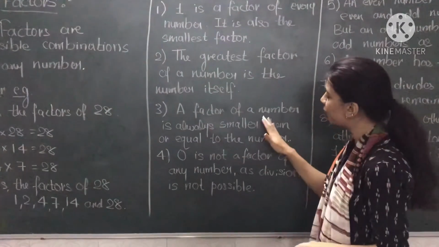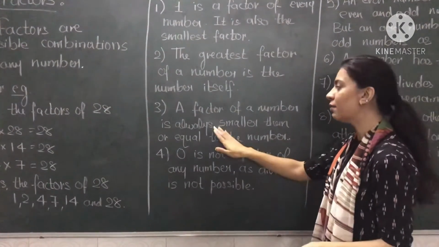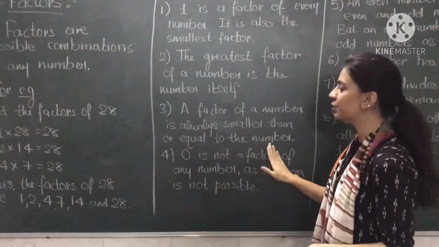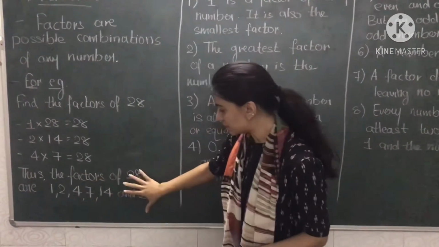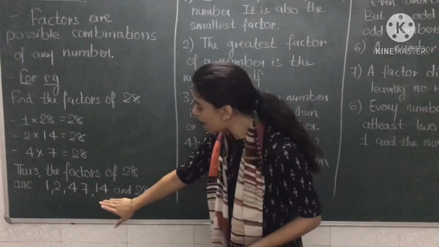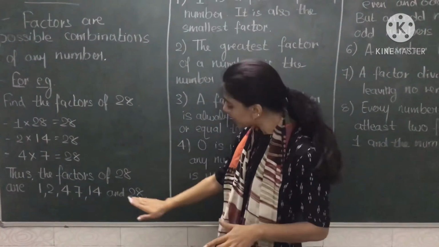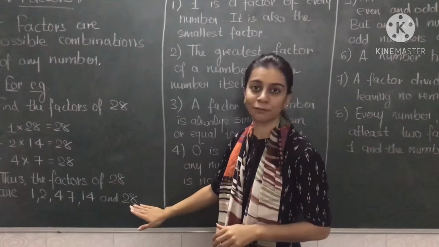Next, a factor of a number is always smaller than or equal to the number. Now look at the factors of 28. All the numbers are either smaller or equal to the number itself.